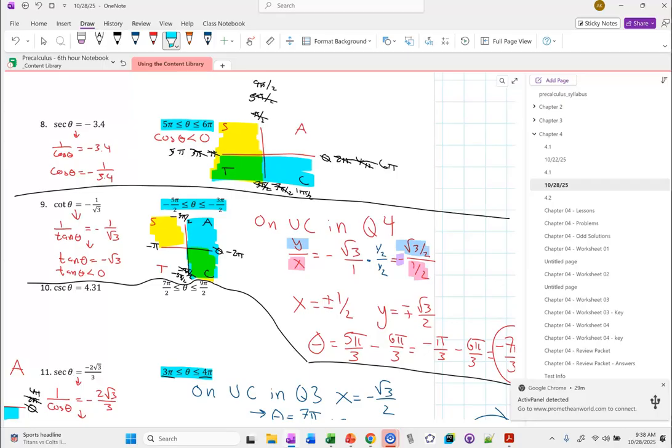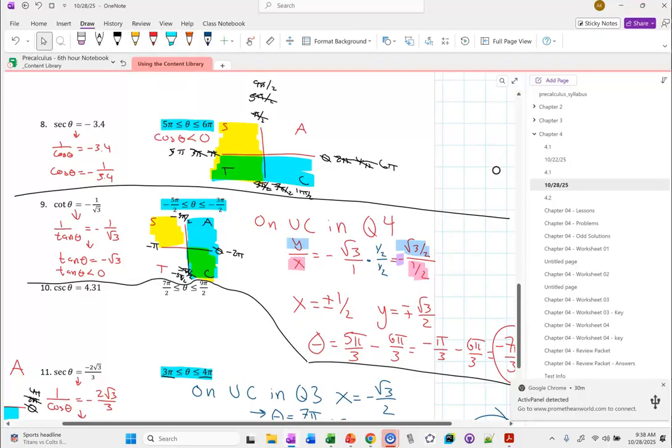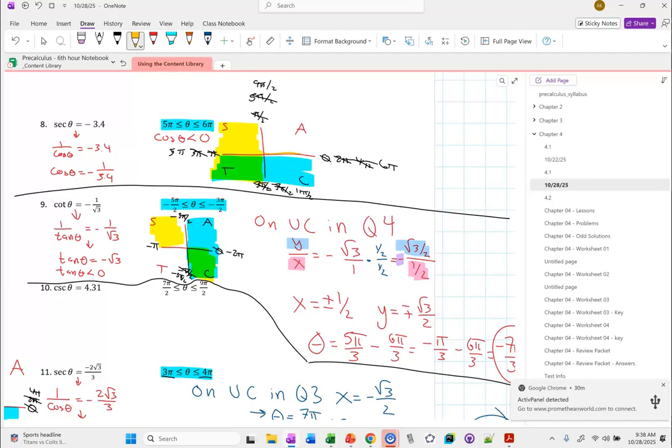Everybody feel okay on how I got to there? Now, this is clearly a calculator problem, because I have a decimal, like 3.4 is not a unit circle value. So what I'm going to do is draw my angle. The terminal side needs to be in quadrant 3.